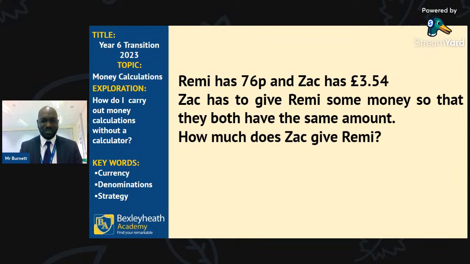All right. So Zach has £3.54. Remy has only 76p. We want to make sure that they share this money so they each have the same amount. So how much money must Zach give to Remy?